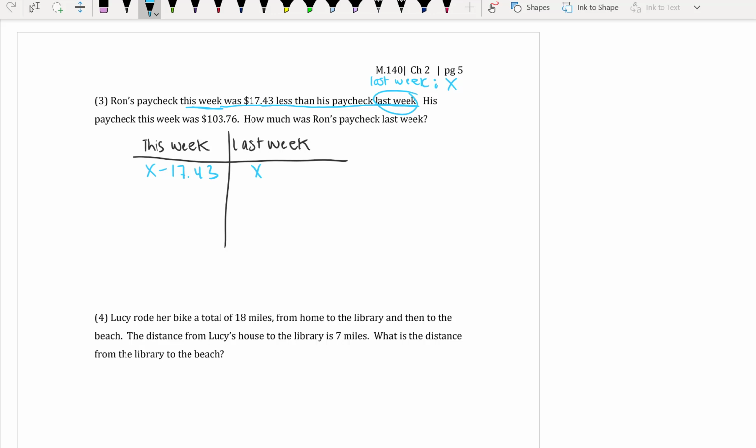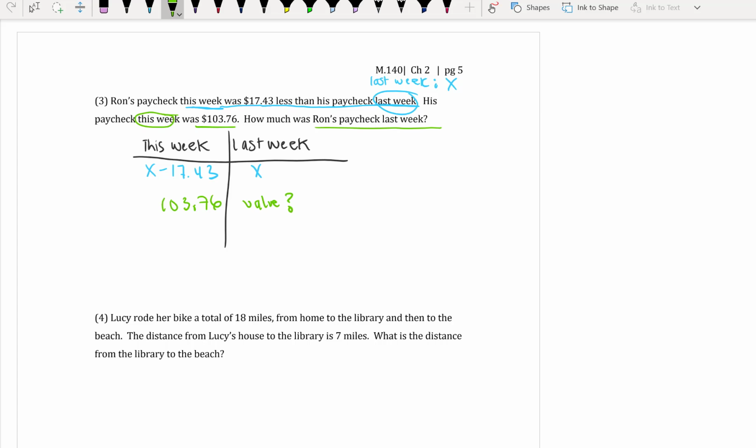Now for the second sentence, it says his paycheck this week, so we're still looking at this week, was this amount. So we know the exact amount it was for this week. But what we want to know is how much Ron's paycheck was last week. So what is the value of X?